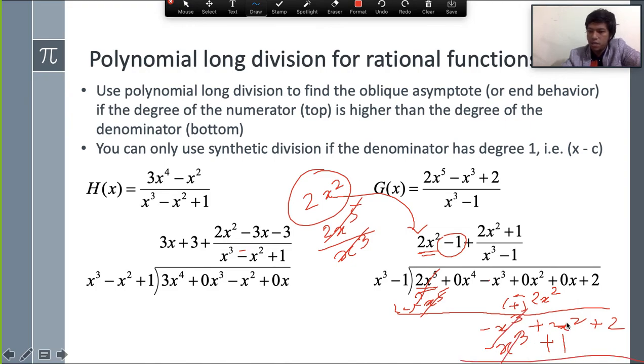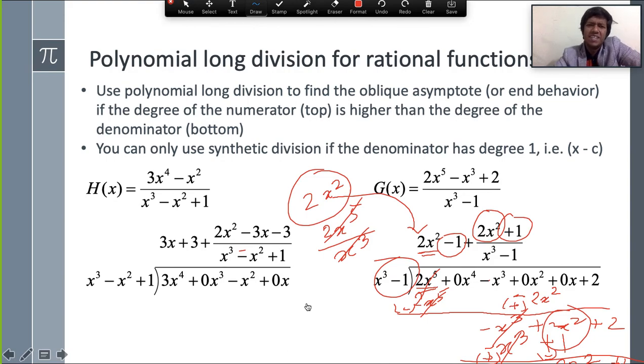This and this cancel out. You have 2x squared and this plus 1. Then 2 minus 1 means that is plus 1, because this will become minus, as you know. This becomes plus, this becomes minus. So 2 minus 1 is 1. That's why you get this 1. That's why you get this 2x squared from this 2x squared. And x cubed minus 1 is this number.